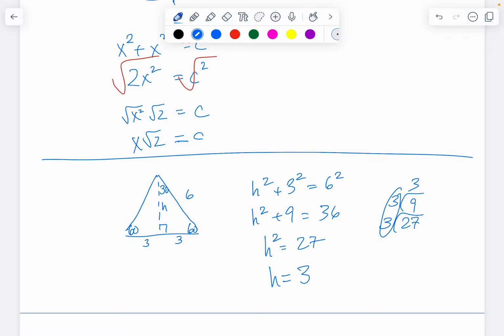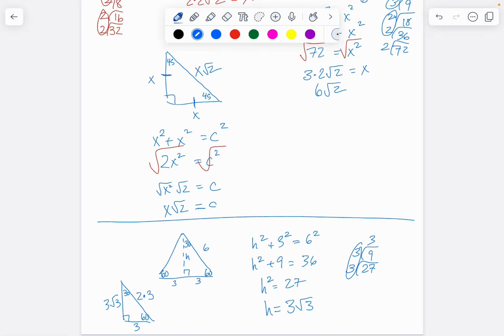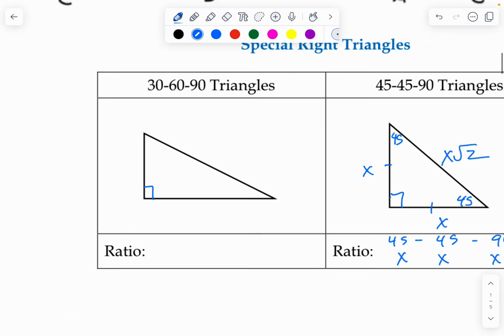So h is going to equal 3 root 3. So what we just found is that in this triangle, when this is our 30 and this is our 60, this was 3, this was 3 root 3, and this was 6, which is 2 times 3. And this will extend out to any 30, 60, 90.